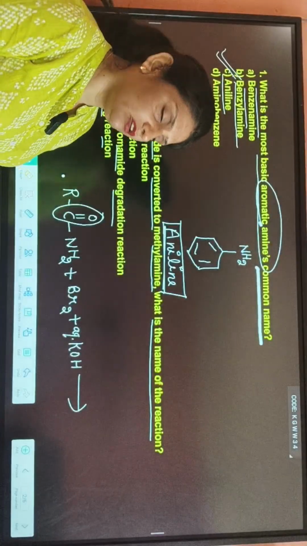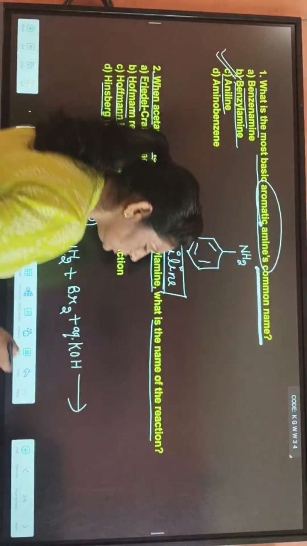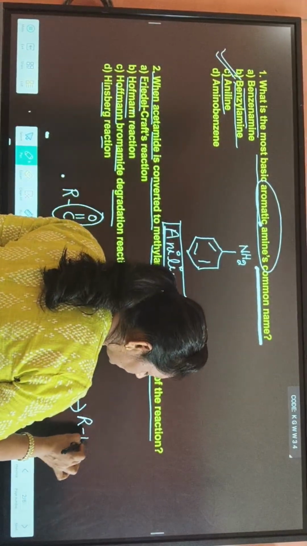Simple, with a trick, you will remove this group only, and as it is you will write. I am telling only the trick, not the mechanism.